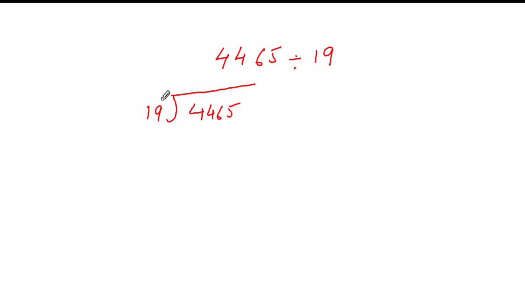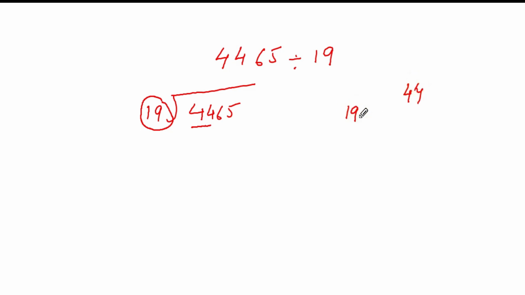That means I can choose a number, 4465 divided by 19. Okay, so what do we mean by that? We have to divide 4465 by 19. So you need to read the times table of 19 and first we can find 44 or a number near 44.